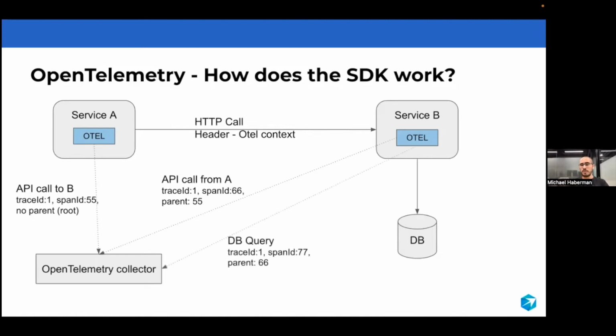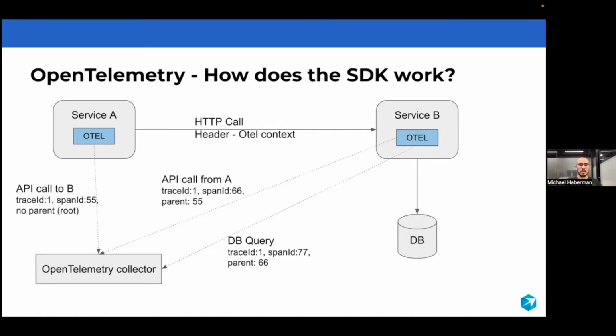The same would be for internal actions that happen within service B. So service B will report, hey, I made some DB query, same trace ID, my parent is 66 and I'm span ID 77. So that's what causes OpenTelemetry to be able to draw traces or have a data structure that represents traces.